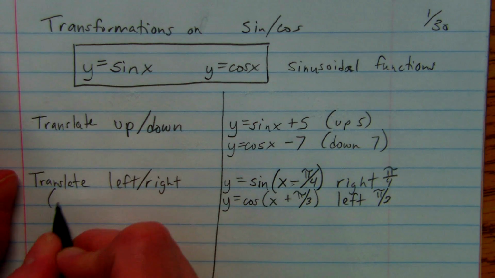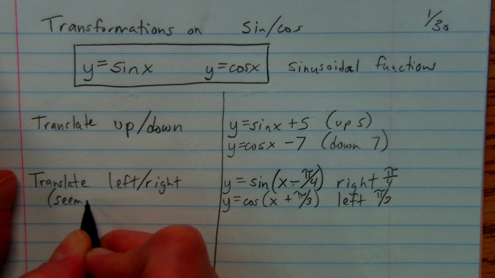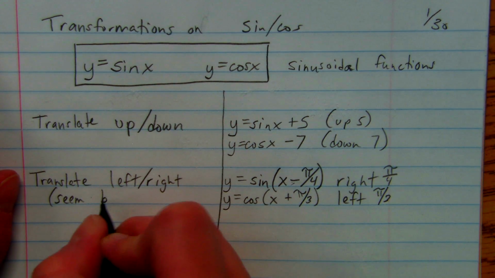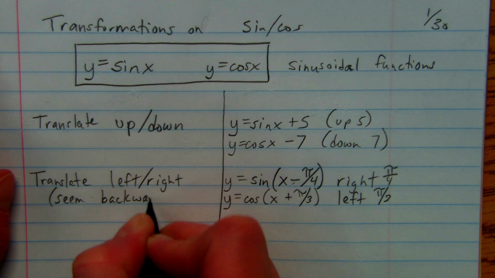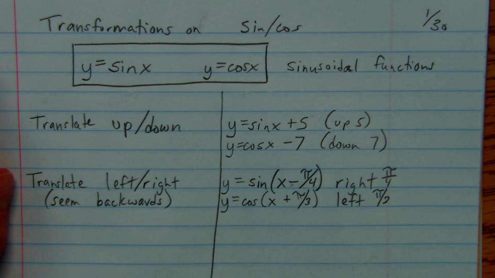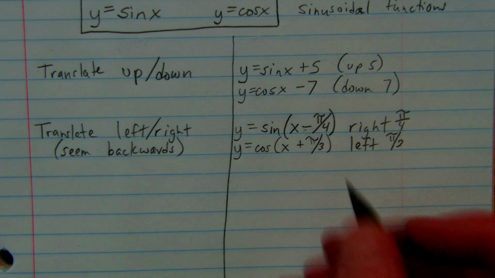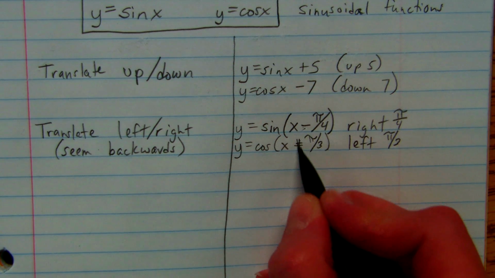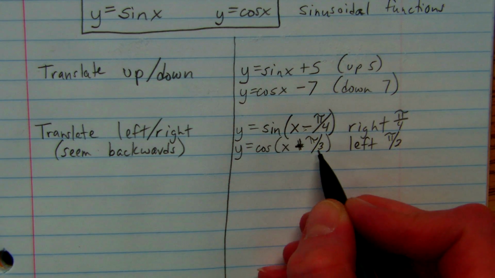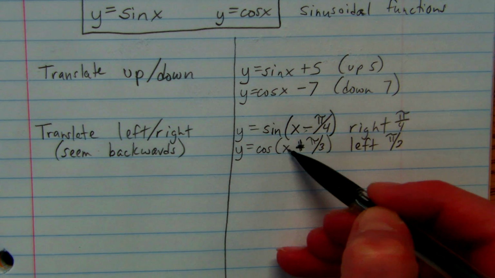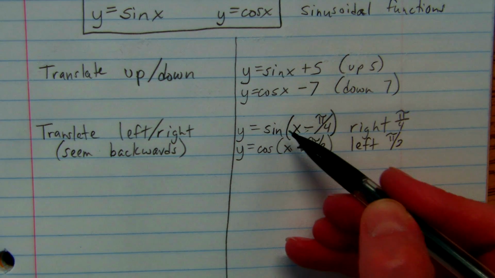So I'm going to put a little note on this that these seem backwards, but this is how it works, and we were supposed to see this with the lab. Some of us figured it out and some of us were a little confused. But minus moves it right and plus moves it left, and this is inside the parentheses. So what we're doing is we're adding and subtracting to x before it goes into the function instead of on the end.